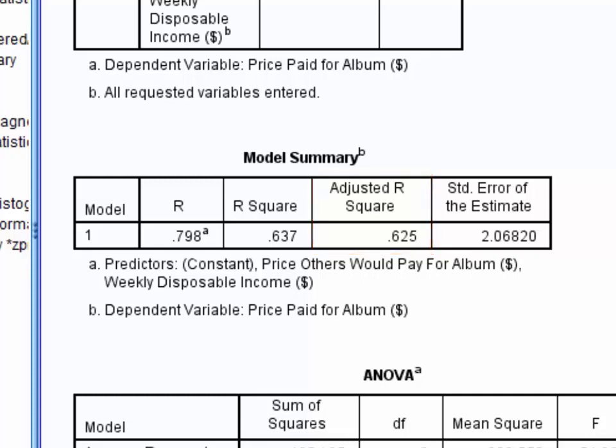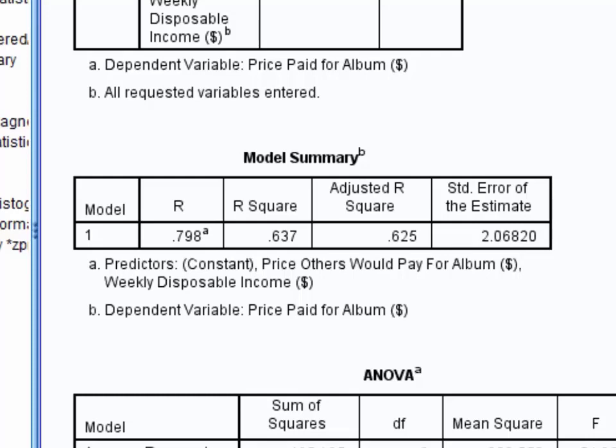Now, part of the purpose of regression is to build a model that can be used to make predictions. In this case, the model contains two variables, weekly disposable income and price others would pay, and these are being used to predict the prices that customers paid for the album.